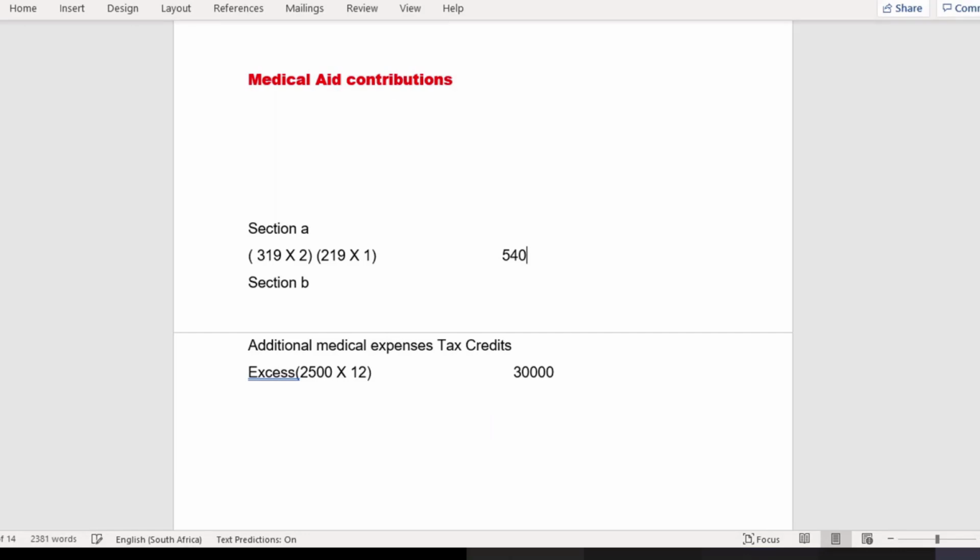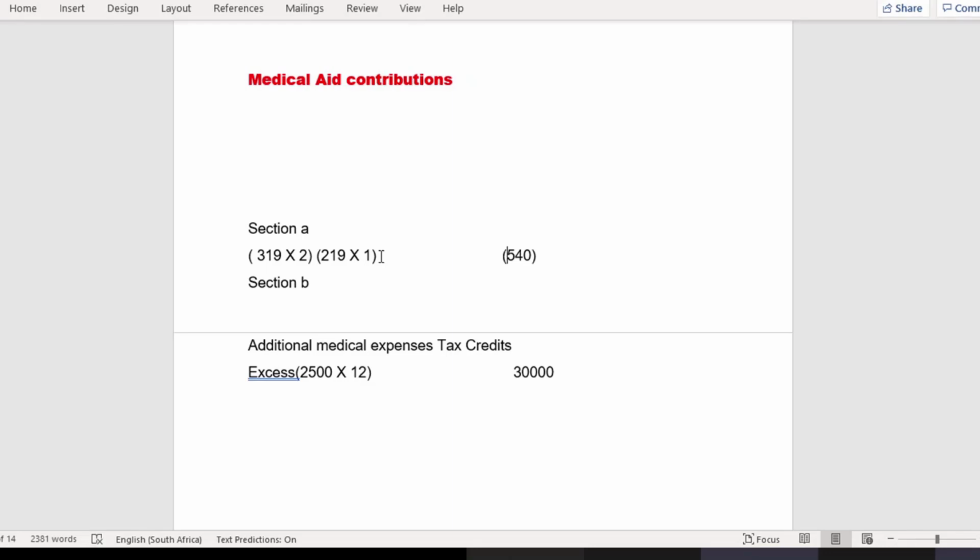So are you saying that we are deducting this one? 219 times 1. It gave me 857. So you said 319 multiplied by 2 plus 219. And then it gave you how much? Because it gave me 540.